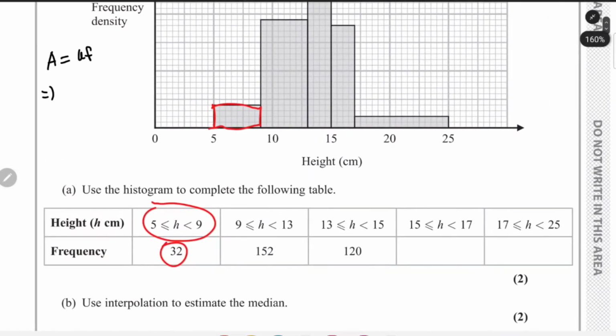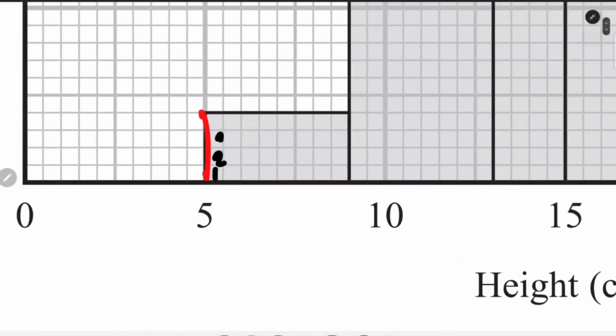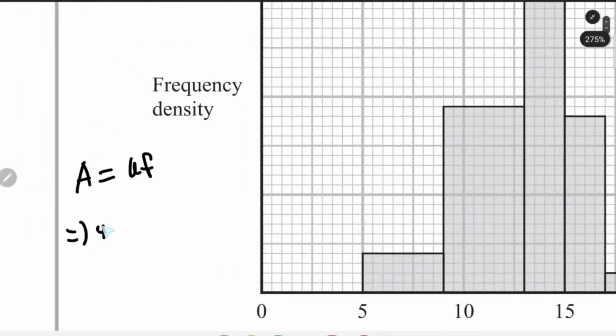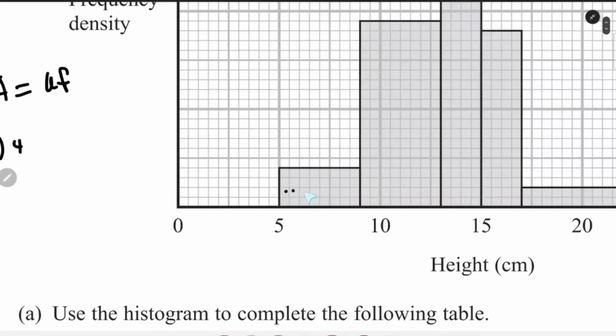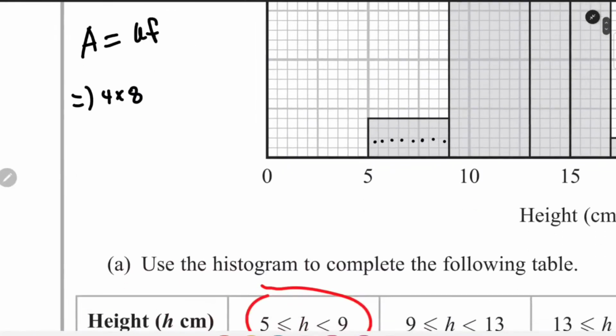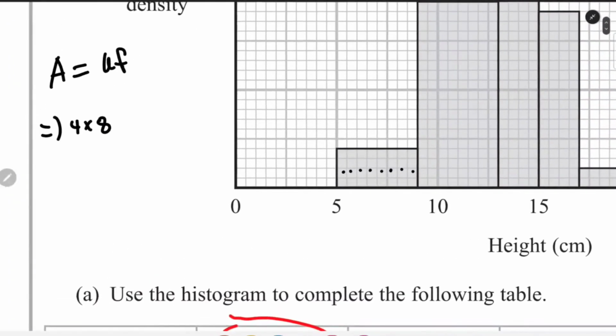The area over here, if we zoom in, is 1 2 3 4, so 4 boxes tall, and 1 2 3 4 5 6 7 8 boxes across, or 9 minus 5, or you can just do 4.